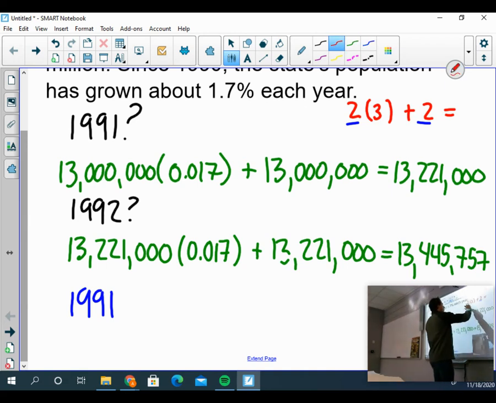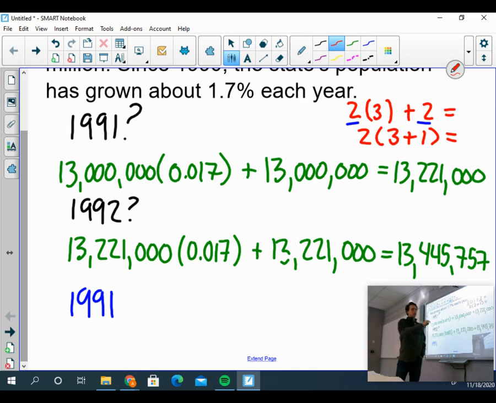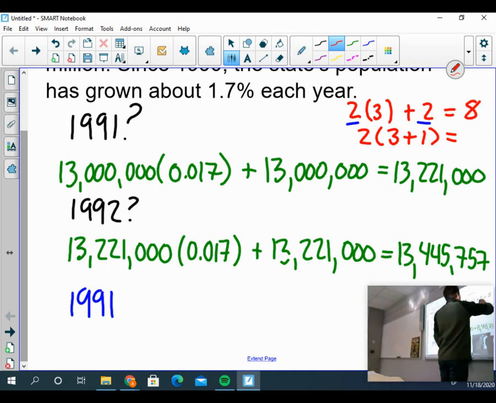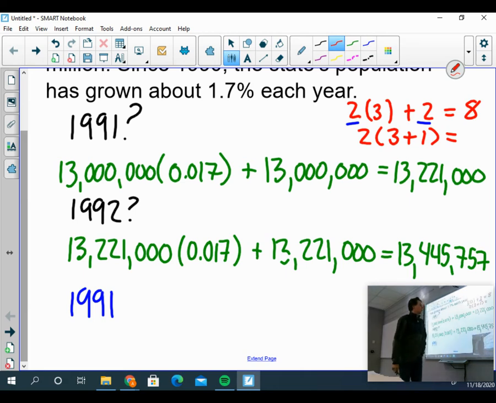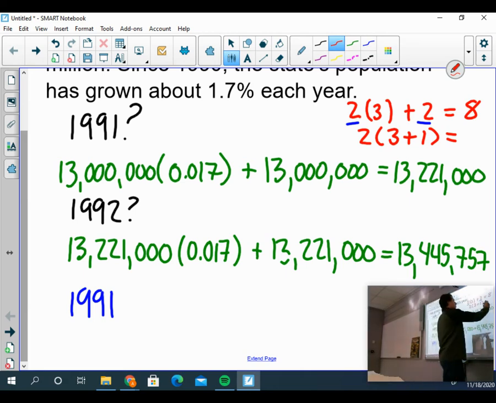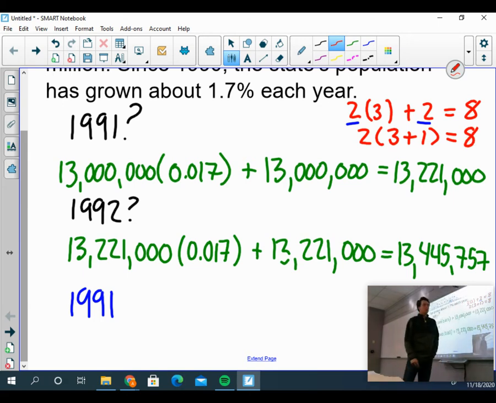Consequently, that means we could take the 2 out front and rewrite what we had. If you don't believe me, check the work here. 2 times 3 is 6. 6 plus 2 is 8. Consequently, if we write it like this, 3 plus 1 is 4, times 2 is also 8. We're taking the greatest common factor out.